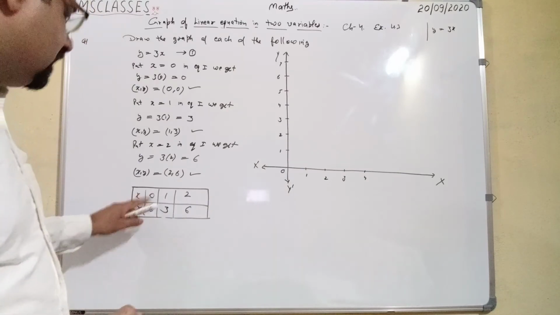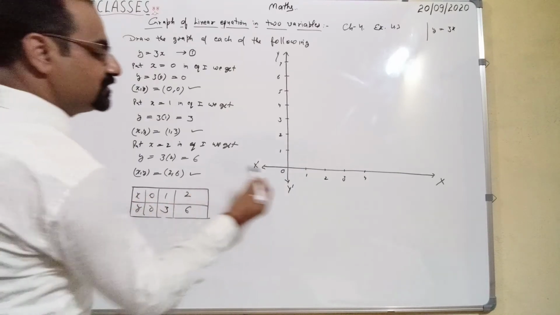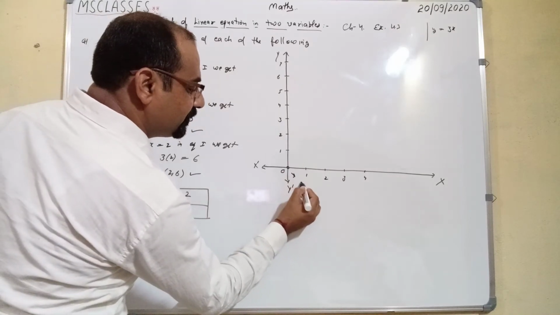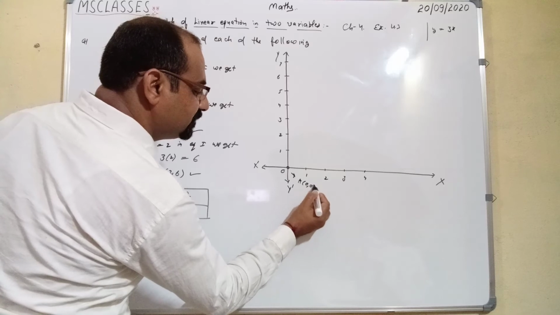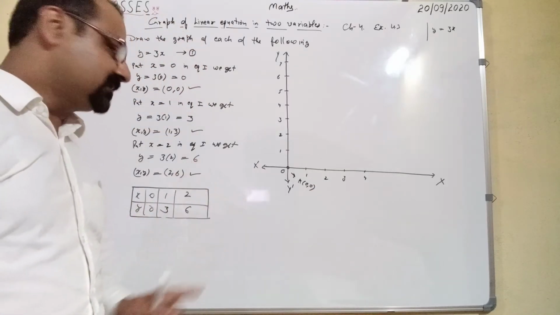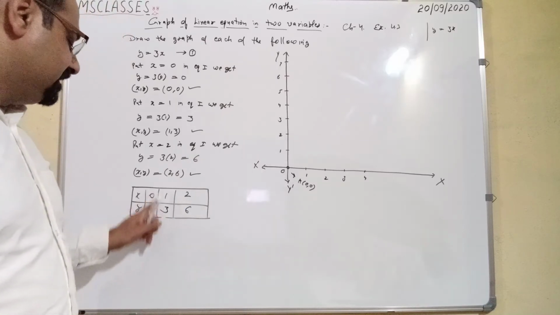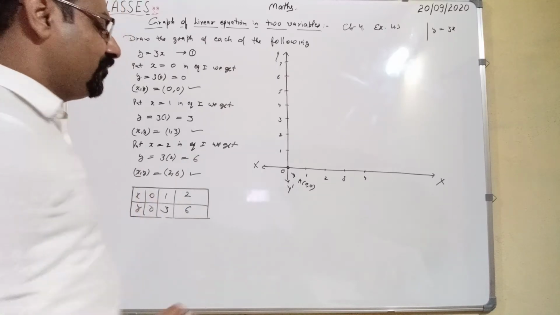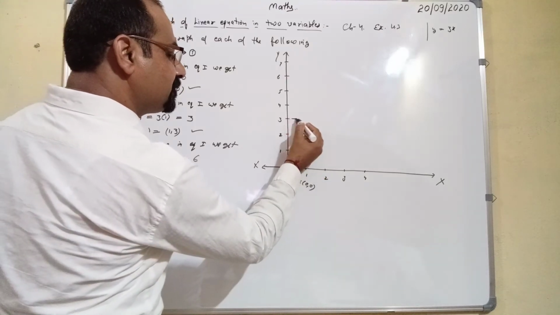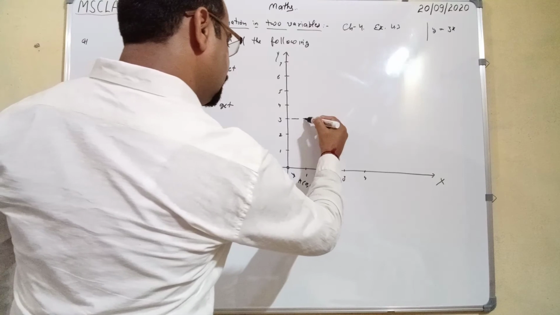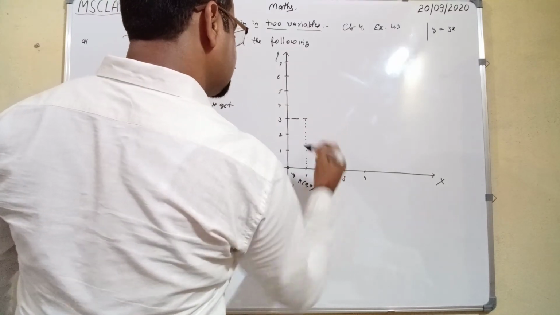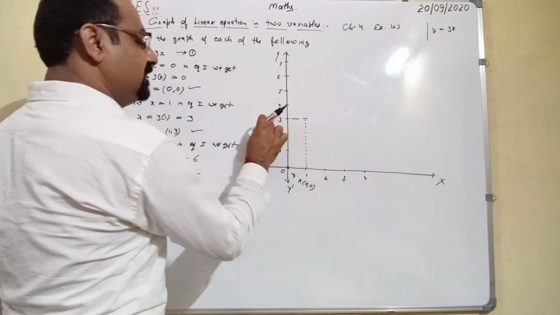Now your first point is 0, 0. So this is your first point, and the coordinate of A is 0, 0. This is the origin itself, right? And second is 1, 3. So the value of x is 1 and the value of y is 3. So you need to draw the perpendicular at x, that is 1, and at y, that is 3.